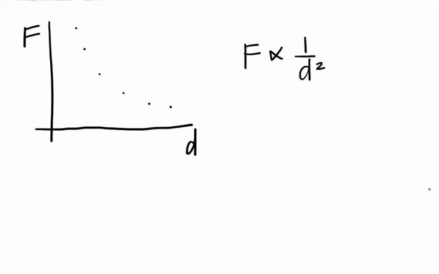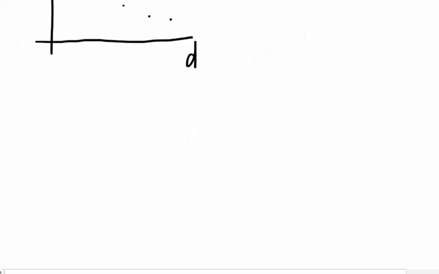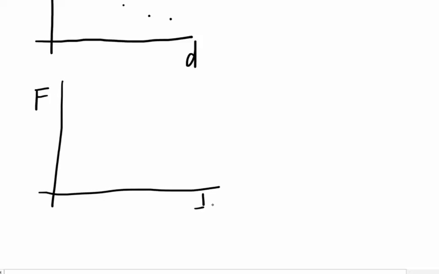You might have squared it and then realized it was an inverse relationship, or made it an inverse and then had to square it, or you may have just jumped to 1 over d squared immediately because you figured it out. But once we graphed force versus 1 over d squared, we got a nice straight line.